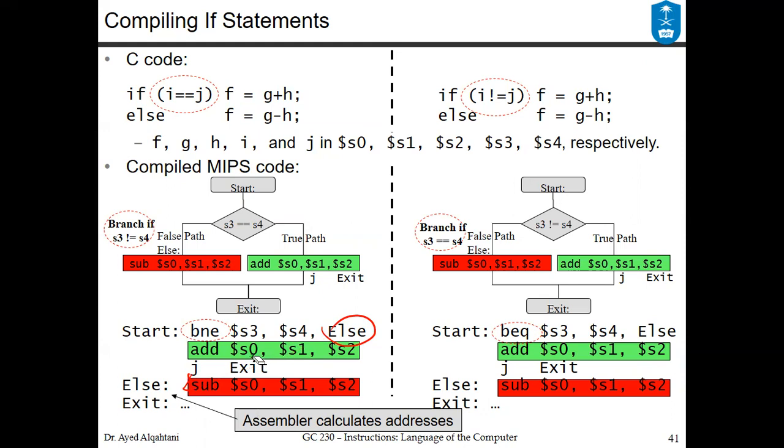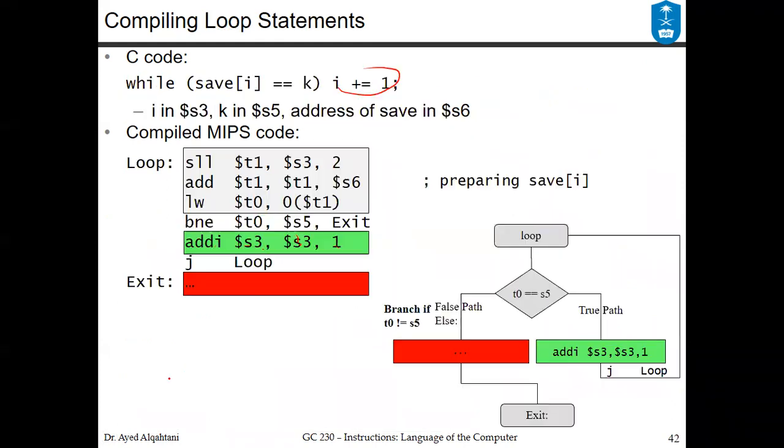The exit is the same. You jump right here. But in loops, there is always a jump to the back, and this is indicated by jump loop. So you jump loop and you go to the beginning to start doing the loop again.